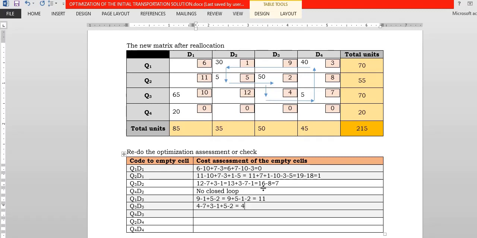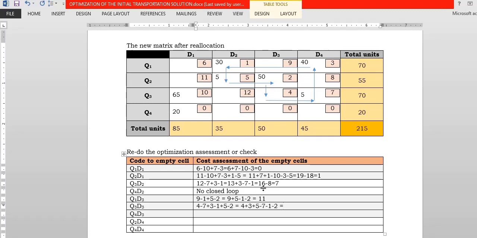Collect like terms together, it is 4 plus 3, plus 5, minus 7, minus 1, minus 2.